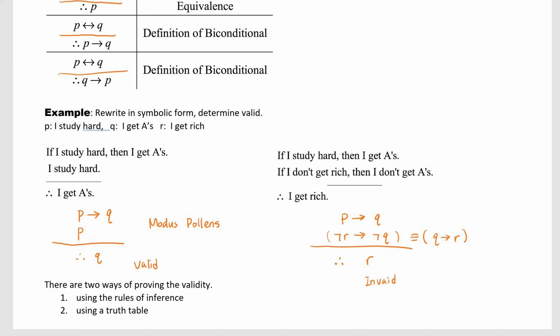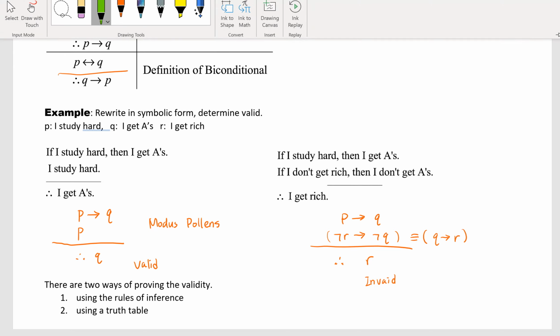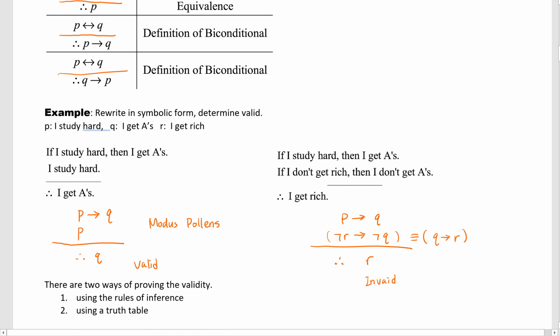However, I want you to see the difference. I'm going to write here. If the argument is P implies Q and not R implies not Q, therefore P implies R, then this argument is valid.